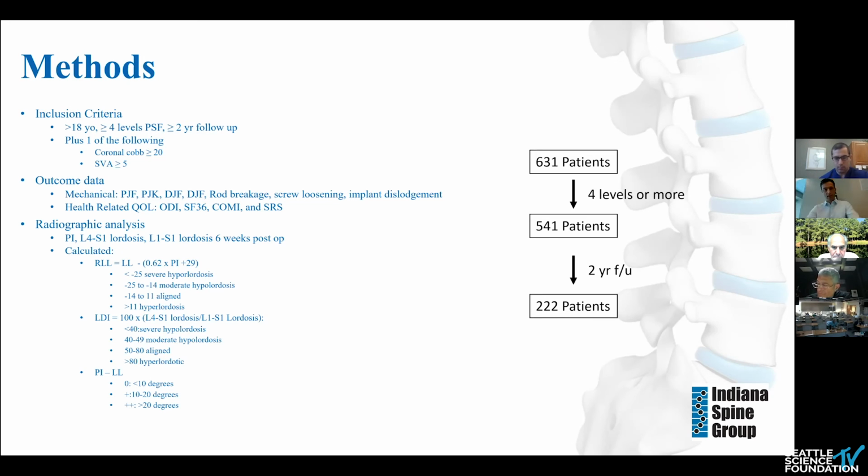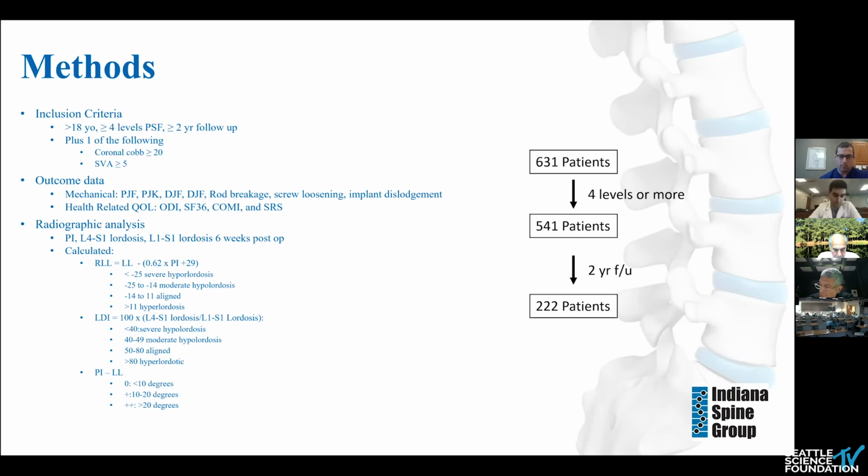And you can see the RLL is really what the lumbar lordosis from L1 to S1 was, minus this correction factor, and they used this from asymptomatic patients with particular PIs. And they got a category into these 4 categories: hyperlordosis, moderate hyperlordosis, aligned hyperlordosis.